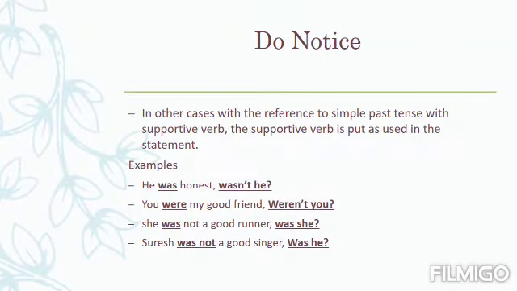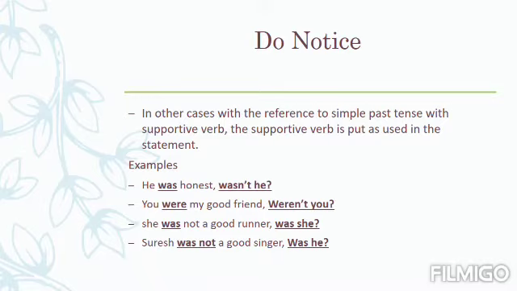Do notice, in other cases, with reference to simple past tense with a supportive verb, if the supportive verbs like was and were have already been given, then you can use these supportive verbs to make the question tags. The supportive verb is put as used in the statements. For example, he was honest.